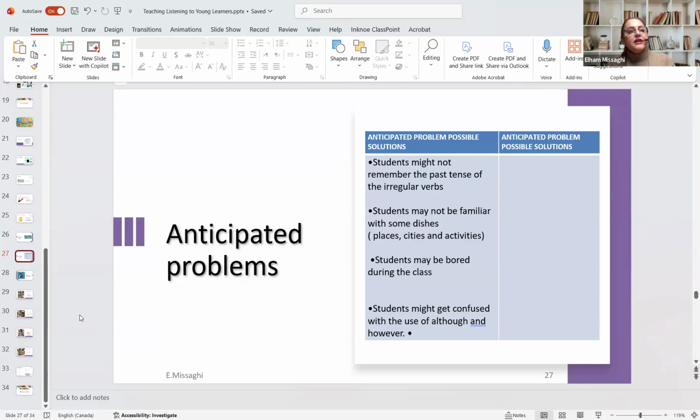And sometimes they are confused, as you said. Like the session before, we talked about cohesive devices, how to use however, although, and so on in your writing. And some of the students were absent. So this time, when you are talking about how to write an essay and complex and compound sentences, they look at you.